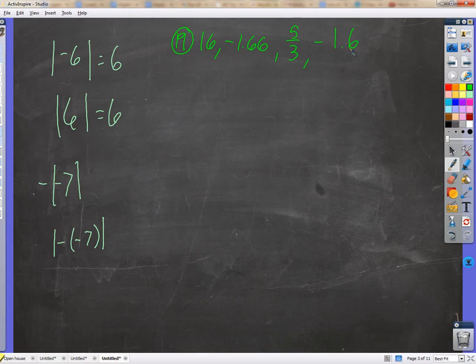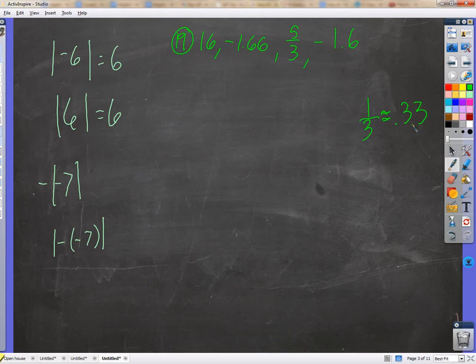Especially, here's the big problem, 1/3. If you just take 1/3 and you say, that's 0.33, and you tell me that it's equal to 0.33, you'll be wrong. It's not equal to 0.33, it's equal to an infinite number of 3's after a decimal. So this is not equal to that. They're not equal, they're approximately the same.